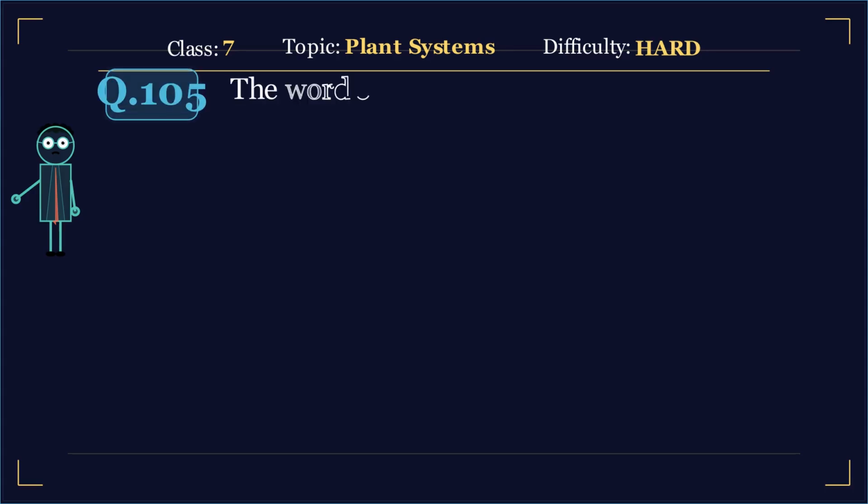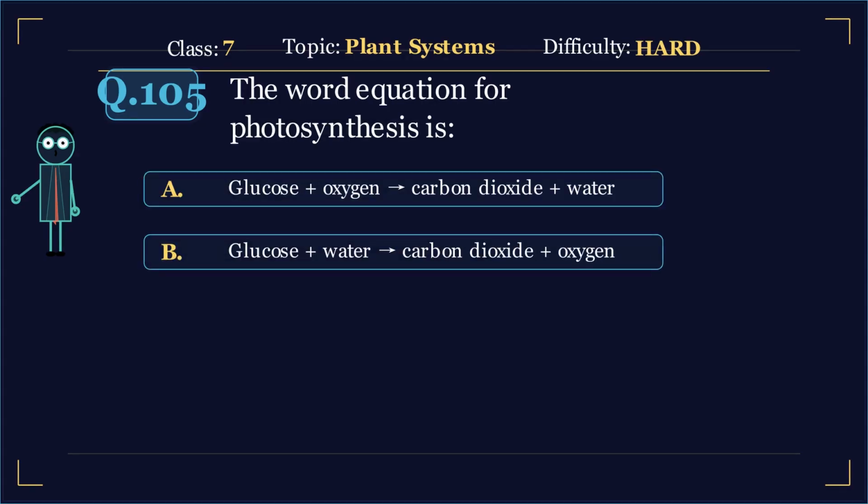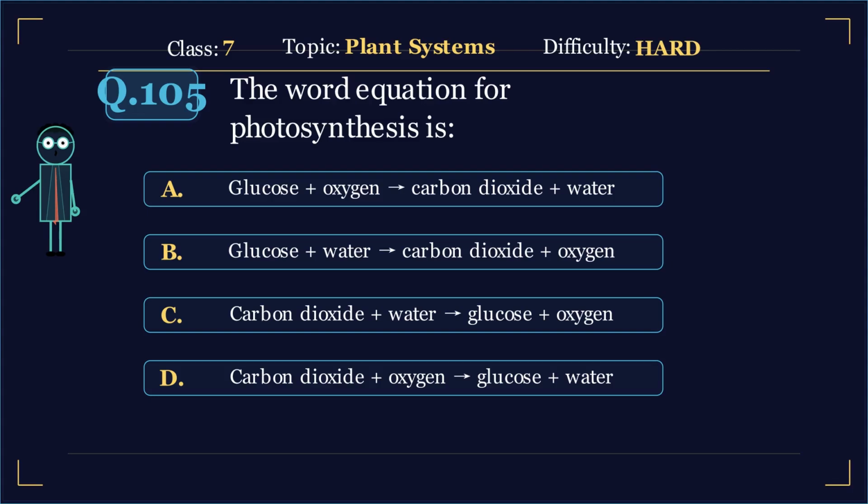Question 105. The word equation for photosynthesis is: Option A, glucose plus oxygen, arrow, carbon dioxide plus water. Option B, glucose plus water, arrow, carbon dioxide plus oxygen. Option C, carbon dioxide plus water, arrow, glucose plus oxygen.